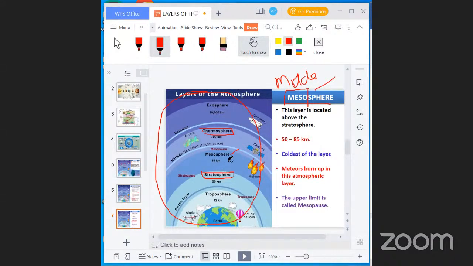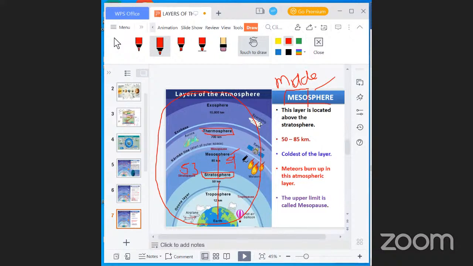50 kilometers to 85 kilometers. Okay. Totally 53 miles above our planet. By 80 kilometers, it reaches about minus 90 degrees Celsius.